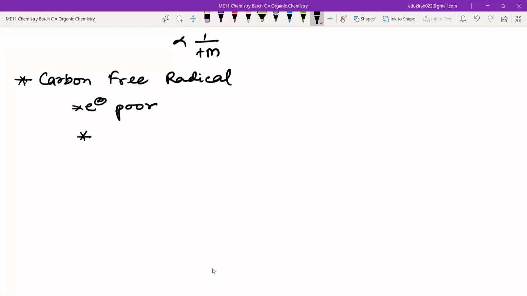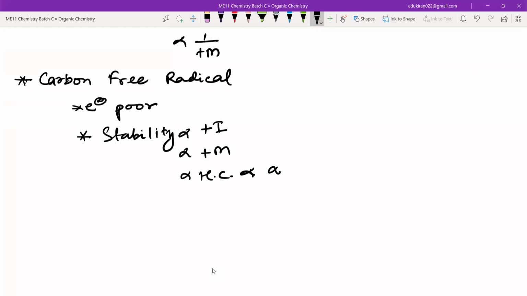And if this is electron poor, that means the stability is directly proportional to plus I, directly proportional to plus M, directly proportional to hyperconjugation, directly proportional to the number of alpha hydrogens, directly proportional to resonance. It is inversely proportional to minus I, and inversely proportional to minus M.